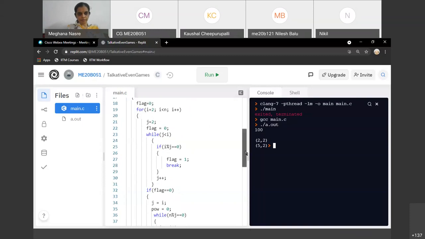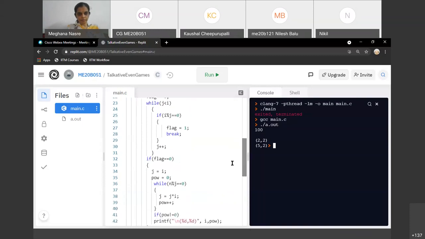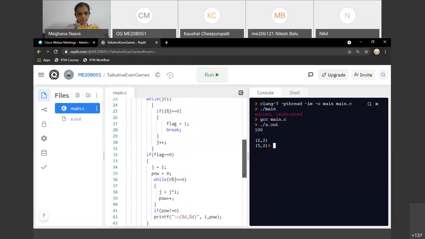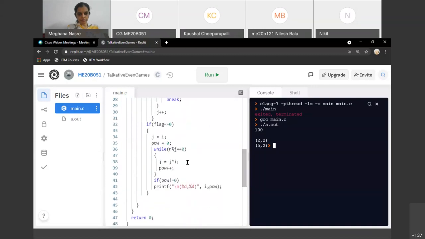If the factor is prime, then I have this pow variable which stores the power of the prime factor, which is initially 0, and then this enters the loop and it keeps multiplying j with i and checking which is the largest power. Basically, once this loop terminates, you'll get the largest power of i which divides n, if i is prime.